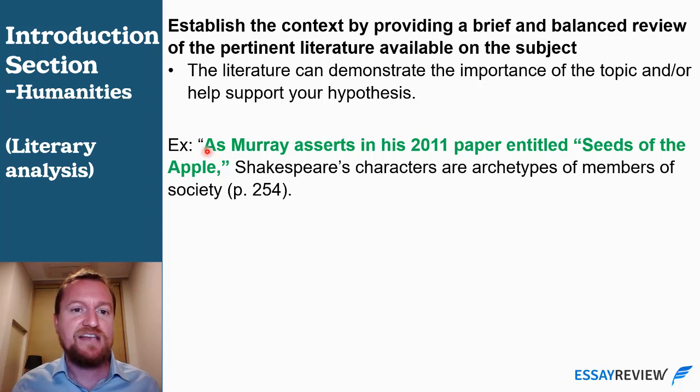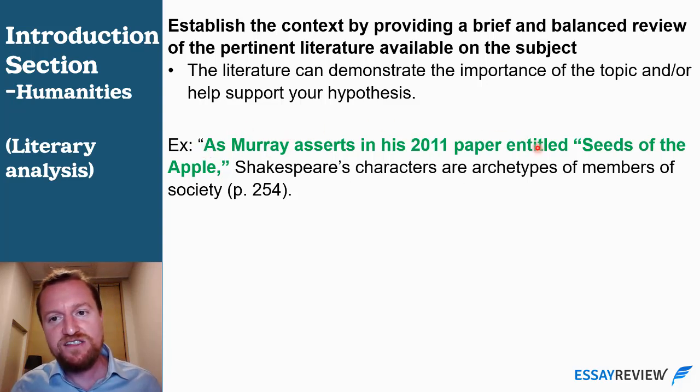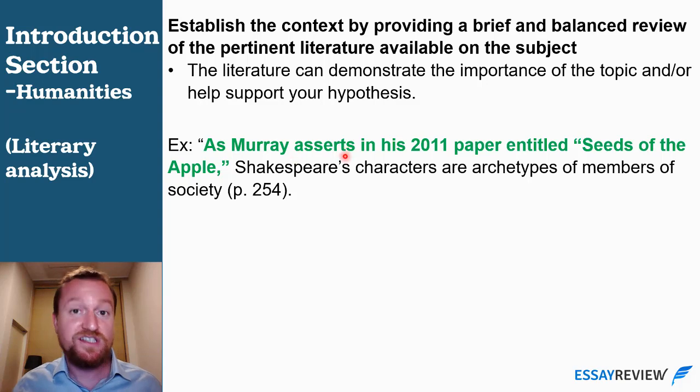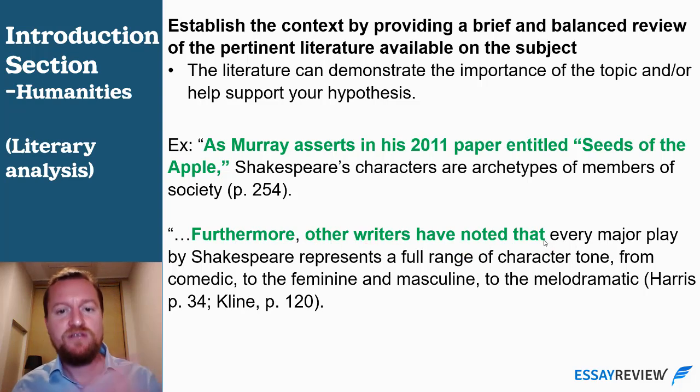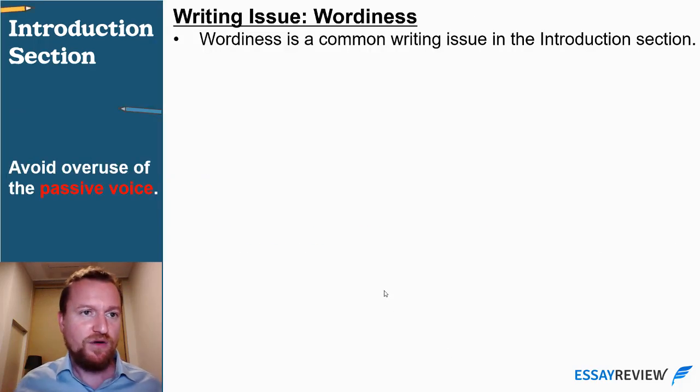So you have "as X says," and notice "asserts" is the MLA way of presenting your literature. Furthermore, other writers have noted X. All right, so we won't spend too much time on the variations, and I should have said the majority of this lecture will be focused on social sciences, but all of these form phrase issues apply to all academic papers.